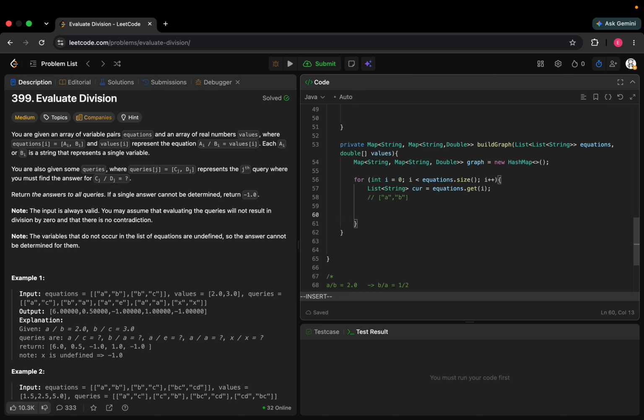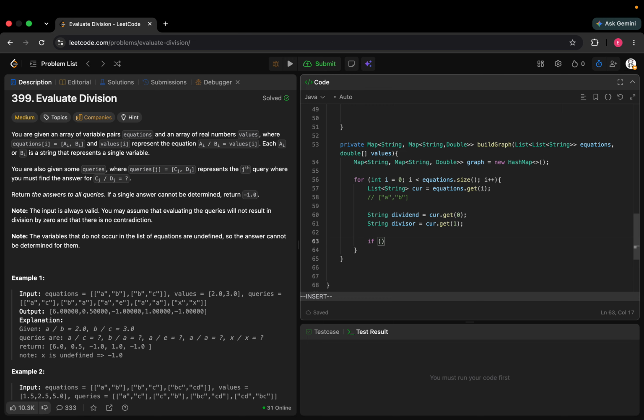Then okay, so A, B, right? So what should we do is string dividend is equal to cur get 0 here, and string divisor cur gets 1 here.